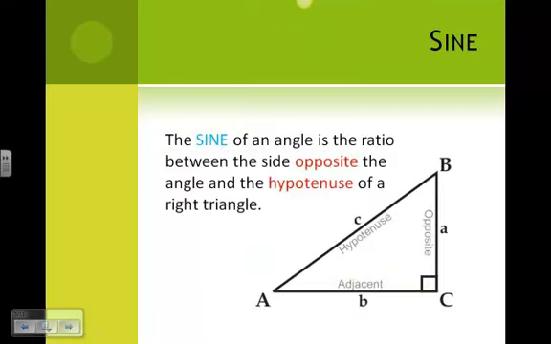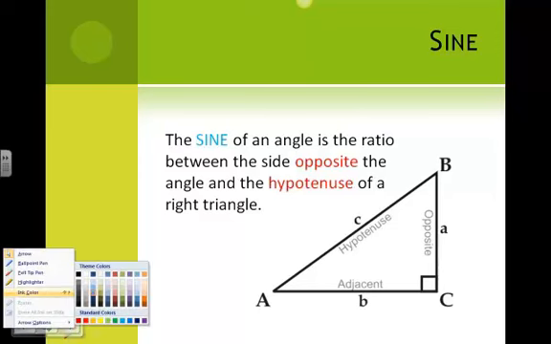Well, if we're looking at sine, the sine of an angle is the ratio between the side opposite the angle and the hypotenuse of the right triangle.